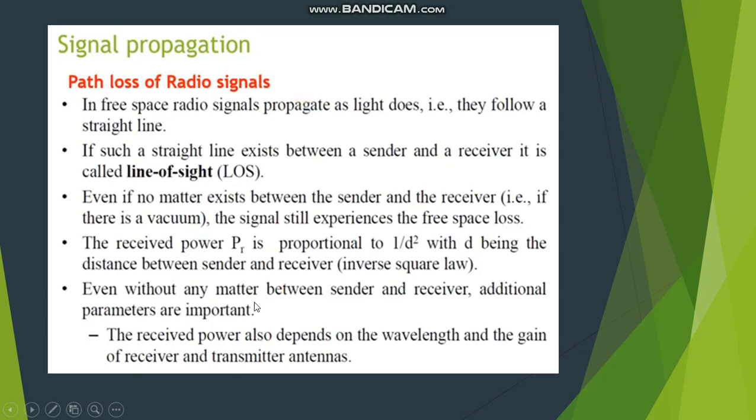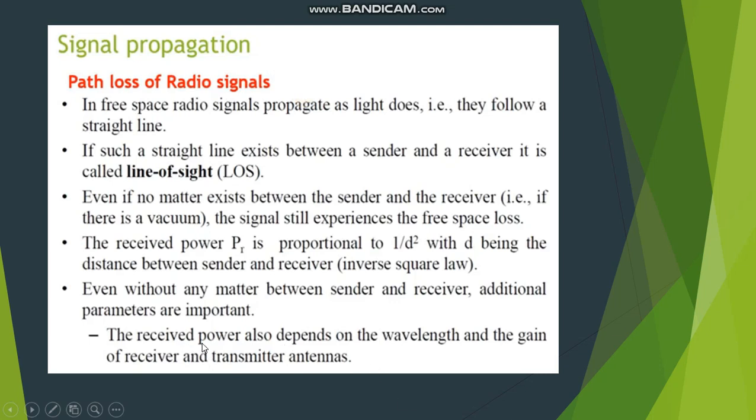Even without any matter between sender and receiver, additional parameters are also important, which might be reasons for the loss of radio signals in space. They are: the received power also depends on the wavelength and the gain of receiver and transmitter antennas.